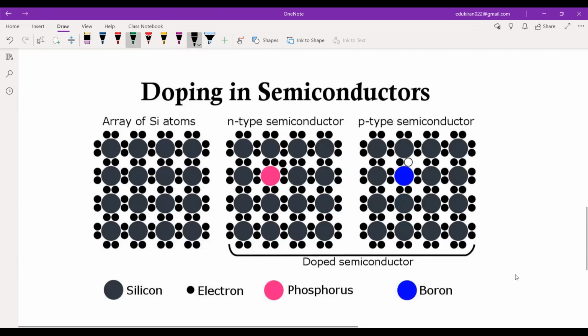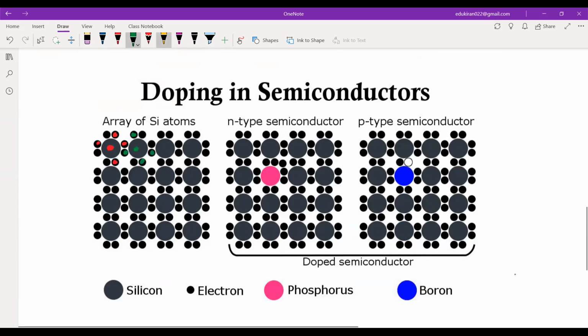So you can imagine that one of these silicon atoms, the red atom here, has 1, 2, 3, 4 neighbors. These are silicon atoms. Then you have this green one, which has 1, 2, 3 and 4.